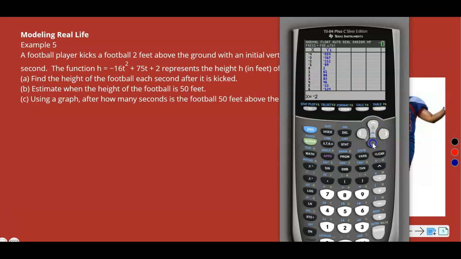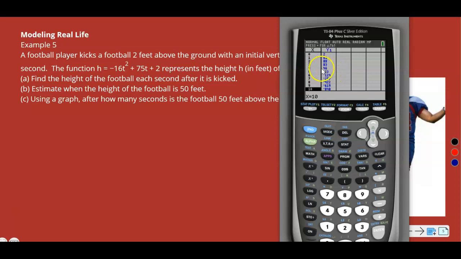We can scroll down because we really don't need those negative values there. We only need to look at these. After 1 second, it's going to be at 61 feet. After 2 seconds, it's at 88 feet. After 3 seconds, 83 feet. 4 seconds is 46 feet, and then after 5 seconds it says negative.